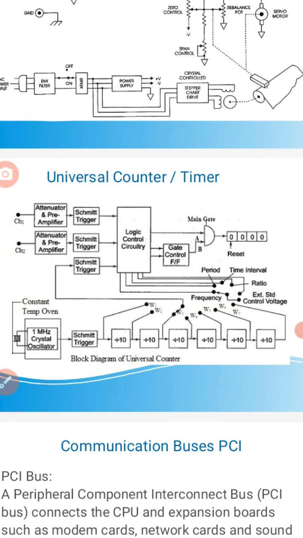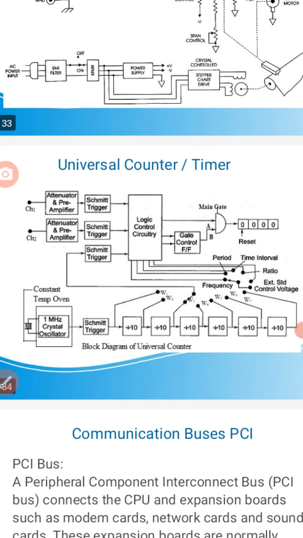Now, as only one time period is transferred from channel A and channel B, or channel 1 and channel 2 as shown in the figure, whatever time pulse width is in between these two is displayed on the display board. The time period is measured on the display board.